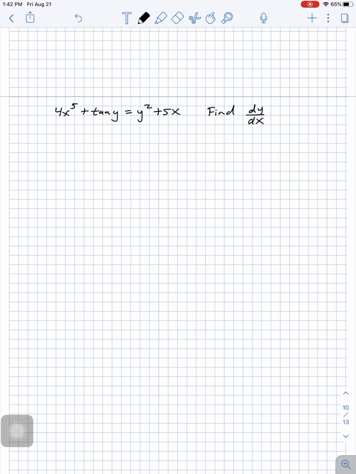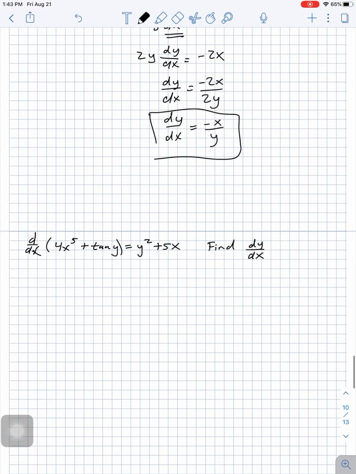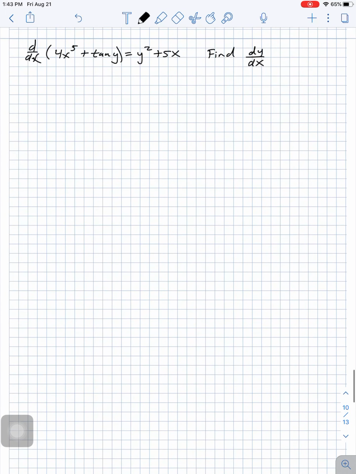So we're going to take the derivative term by term because this is addition. Now if this was multiplication, we would be doing the product rule. Okay, so all the same rules apply to the derivatives. It's just that when we take the derivative of this side, it's addition, so that means we're taking the derivative of each term. So if you want to write it out, you can term by term. You don't have to, but here's what it looks like.